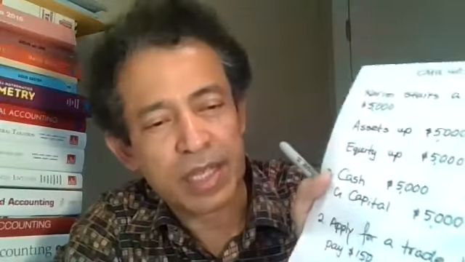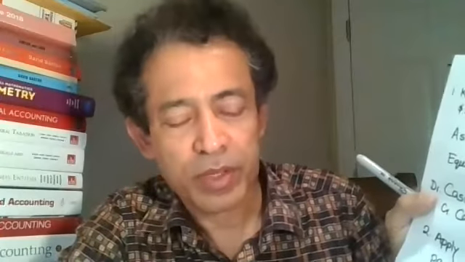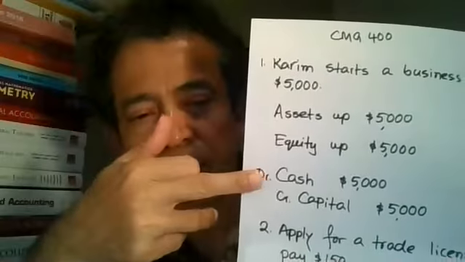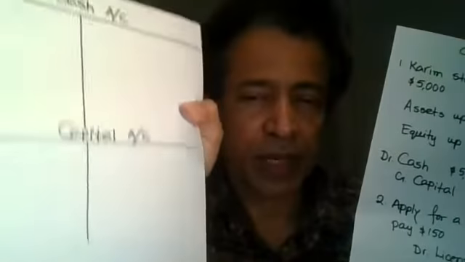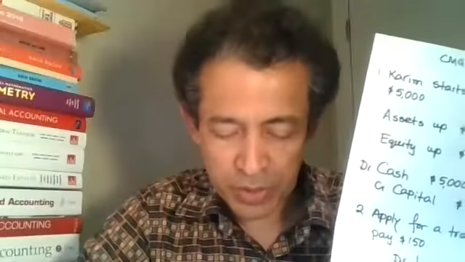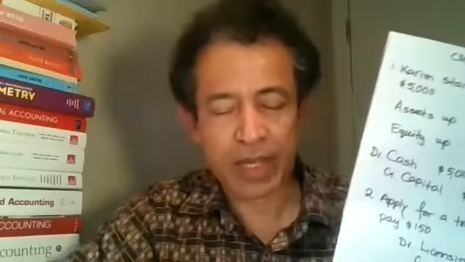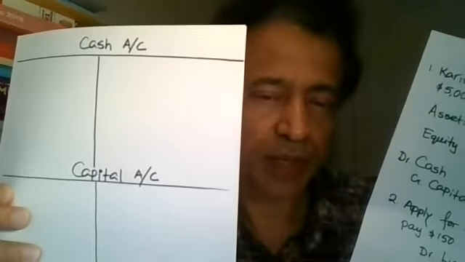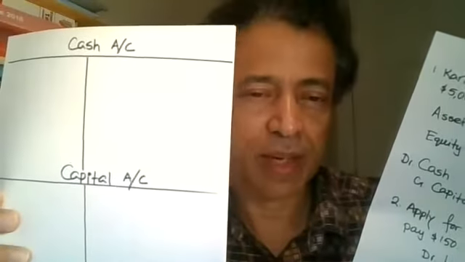So let's do the posting, and this is the point where you need to pay very good attention. Look at your journal. The journal says debit cash, credit capital. So I go to the cash account first. It depends on what's written in the journal. The cash account has two sides, like a T-junction: the debit side and the credit side.